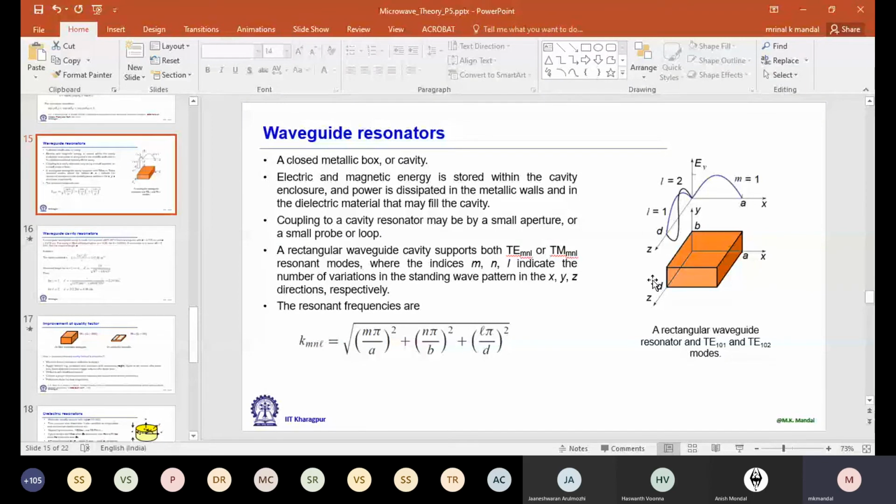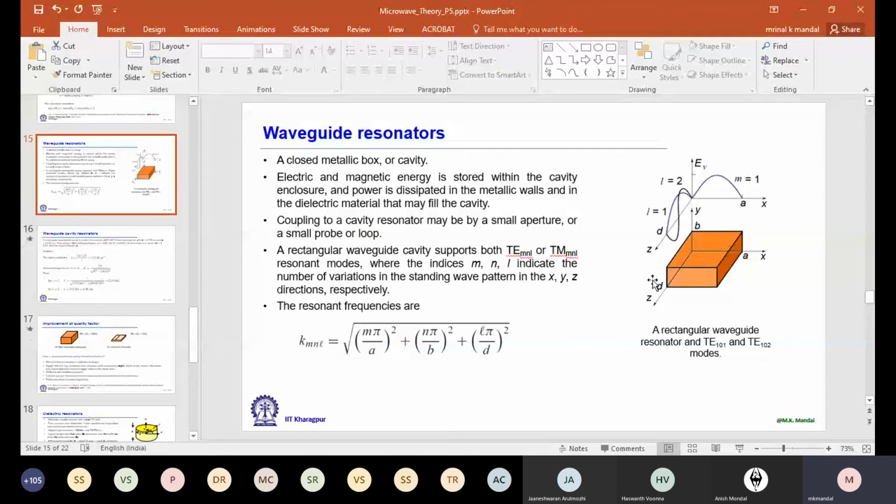So it is not necessary that it has to be 0, right? That means we can have a mode with N equal to 0. But what about M and L? They should be 1. They can't be 0, because then the electric field becomes parallel to the side walls, and the tangential electric field must be 0. That is the boundary condition.